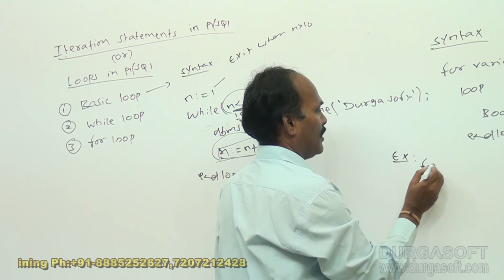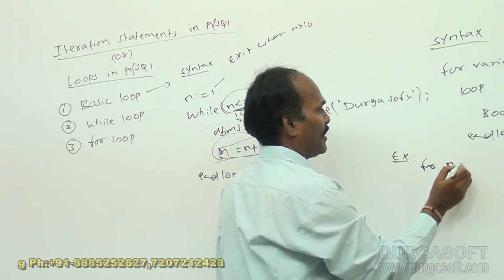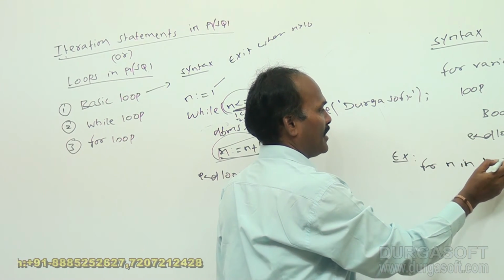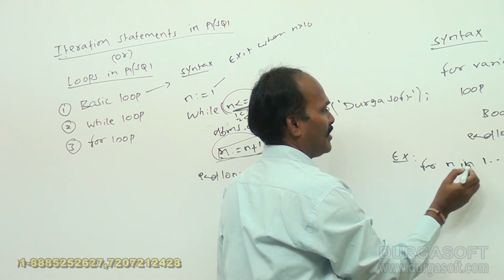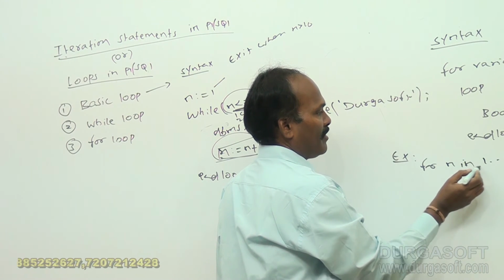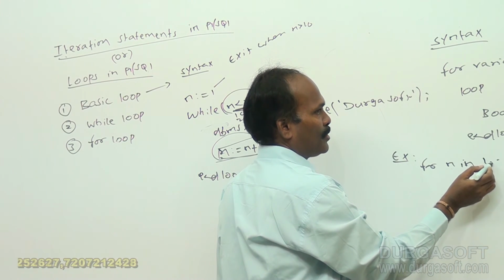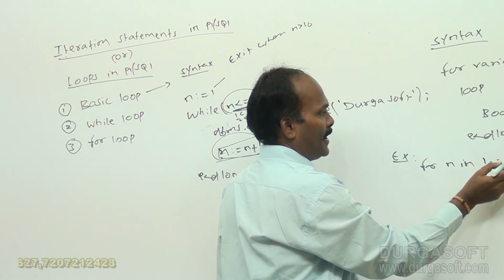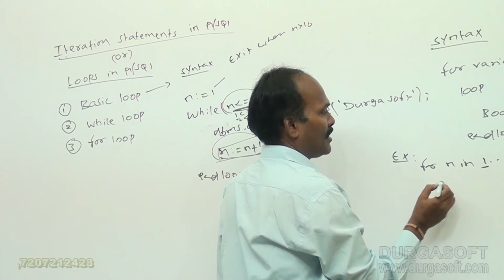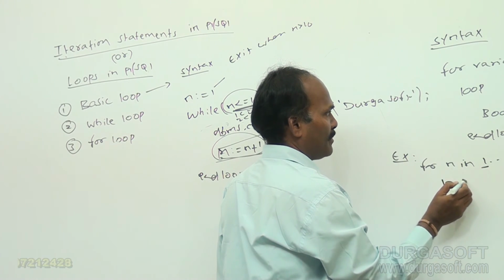For example, for variable n in 1 to 10. Your n becomes the variable, 1 becomes range 1, we have to give 2 dots only, and 10 is range 2. Now within the loop, just print a message.